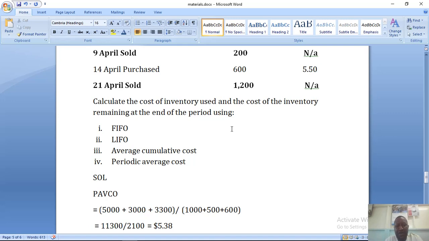Under average cumulative cost, we calculate the average cost before making an issue, or whenever material is added to inventory, a new average cost is calculated. Periodic average cost, we calculate the new average cost at the end of the period, and we use that to calculate the cost of issue for the period and the value of closing inventory.